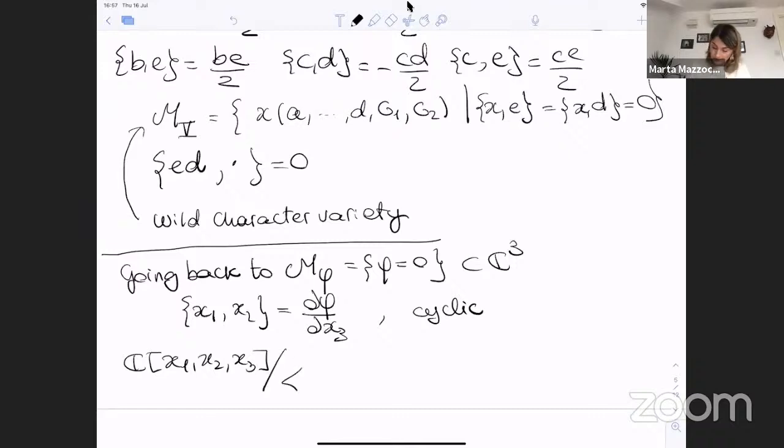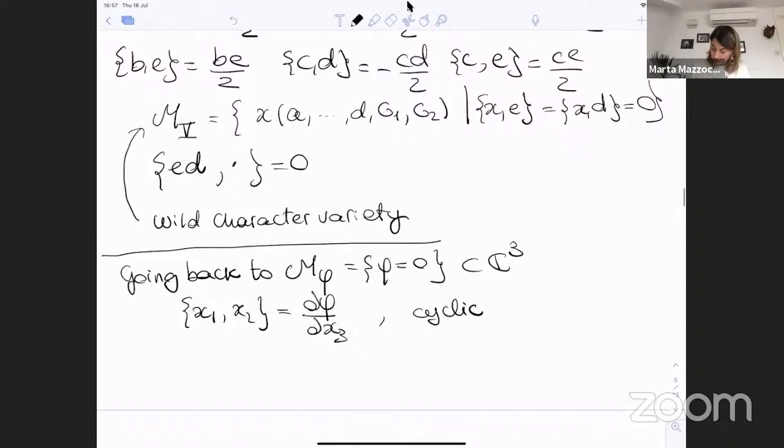Oh, sorry, I need to say something important before I say this. As a consequence of this Poisson structure, you can prove that the polynomial φ is central, which means that this Poisson algebra descends to M5.